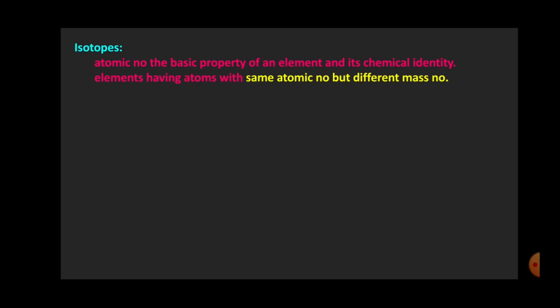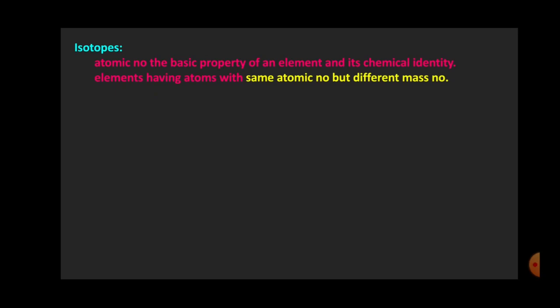Now, what are isotopes? What is the atomic number of an element? We studied that the atomic number is the number of protons present in the nucleus, and the number of protons is always equal to the number of electrons.